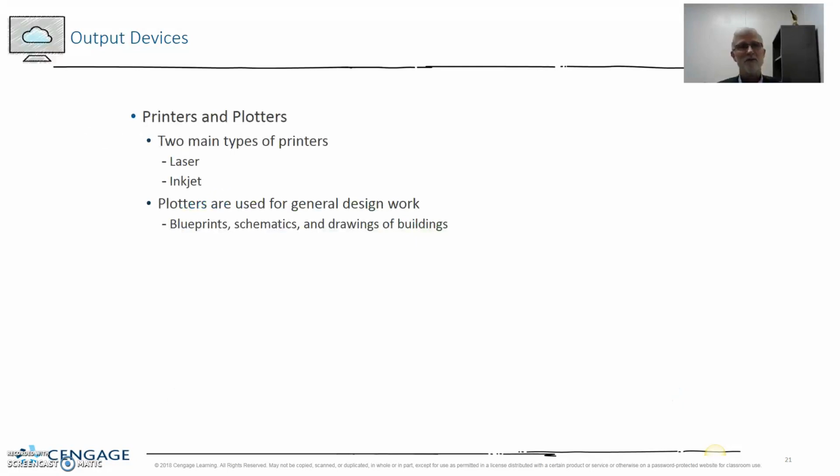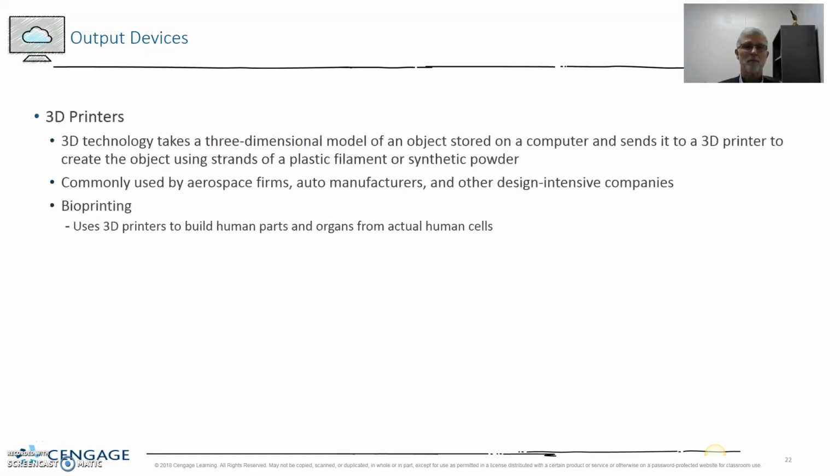Two major types of output printers, LaserJet and inkjet. Different stories, your choice, what you like to use. And then plotters if you're printing large drawings, schematics, buildings. But those are probably the major plotters and printers.